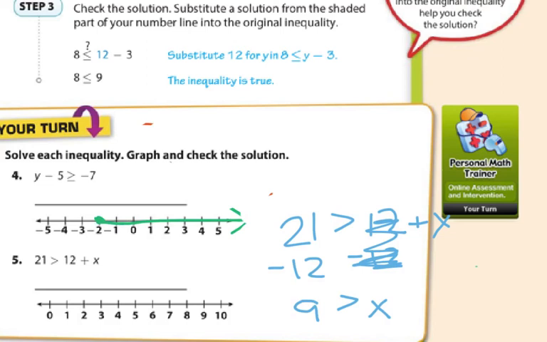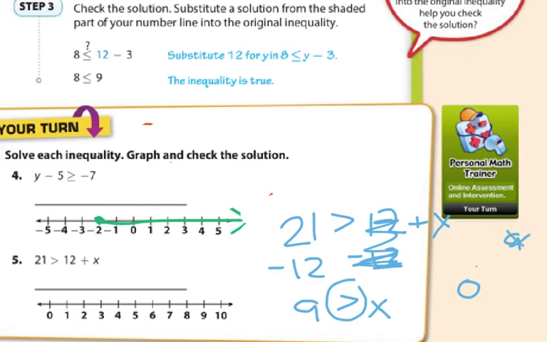And so do I have an open circle or a closed circle this time? This time I'm going to have an open circle because there's no equal sign with this, okay? It's just a greater than sign. And so I know that 9 is greater than x. So if 9 is greater than x, can x be 9?